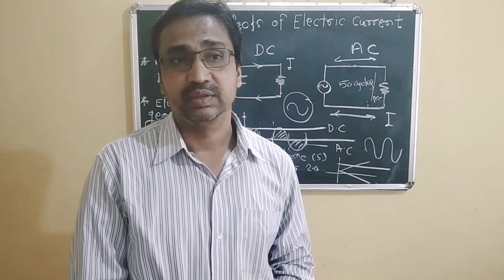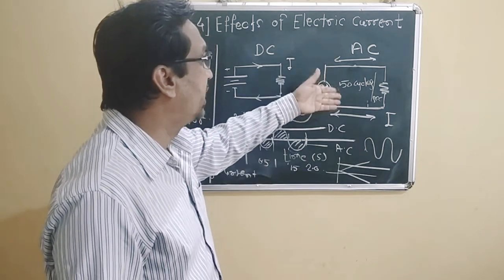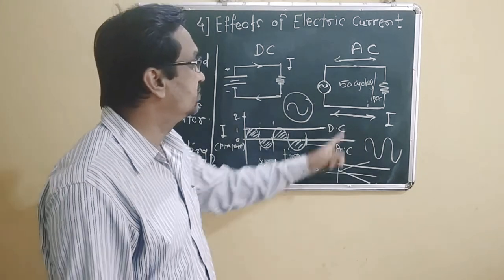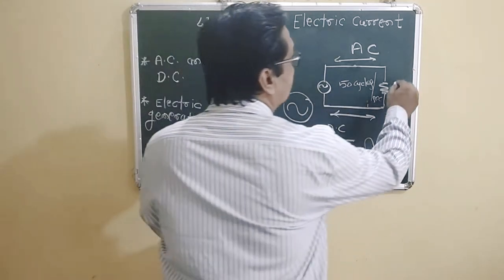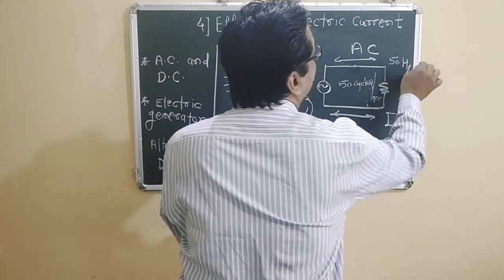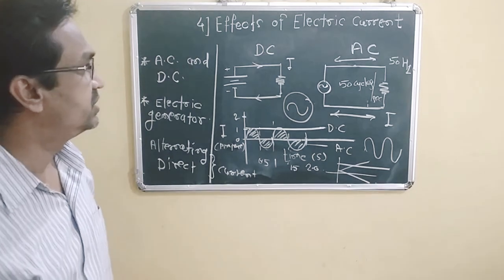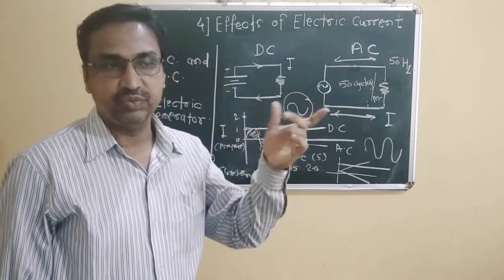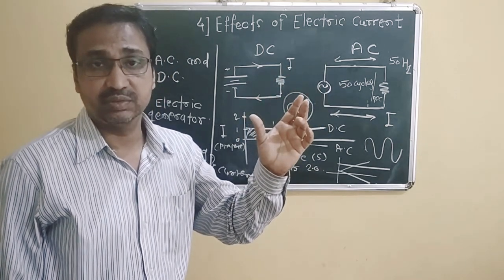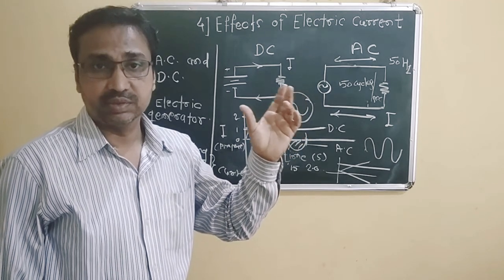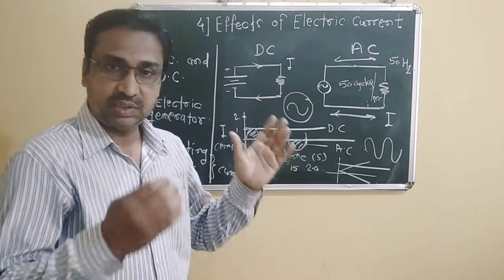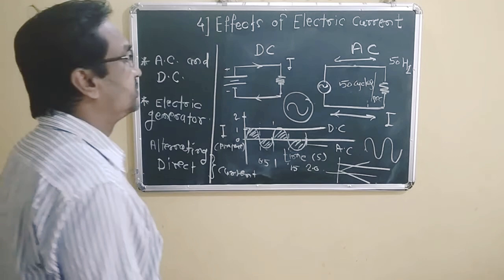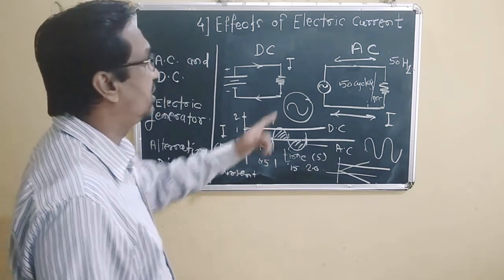That means it is always fluctuating, oscillations are taking place, and its frequency is 15 cycles per second, 15 hertz, in our homes. MSEB is the Maharashtra State Electricity Board. So the MSEB provided source is alternating current.